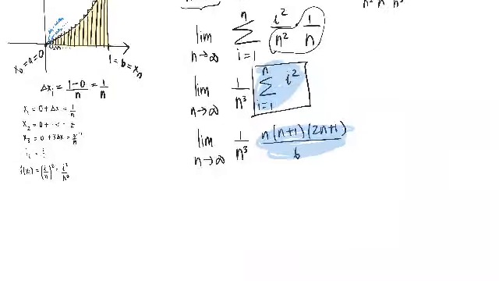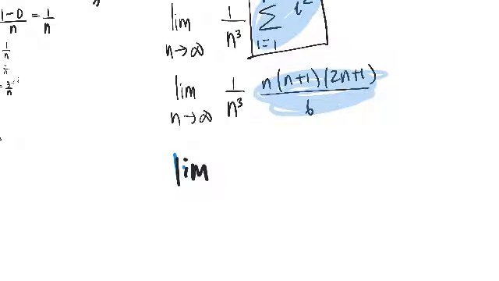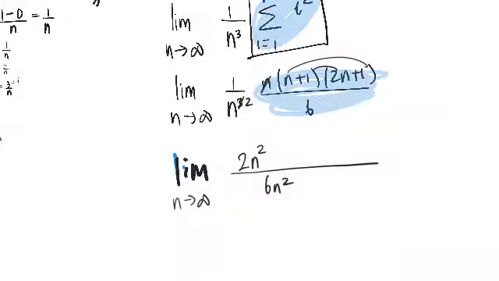It says n, but it's as if it were x's, right? So this limit right here is going to work out like this. The limit as n goes to infinity of this, we can cancel out 1 n, and I'll have a 6n squared in the denominator. And if I FOIL out the top, it'll become 2n squared plus 3n plus 1, okay?